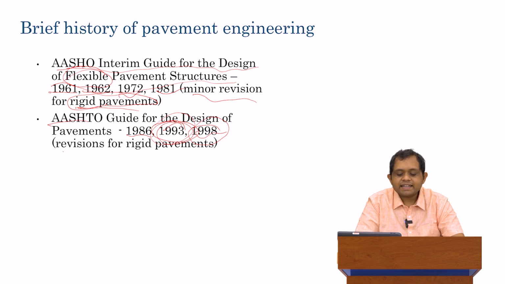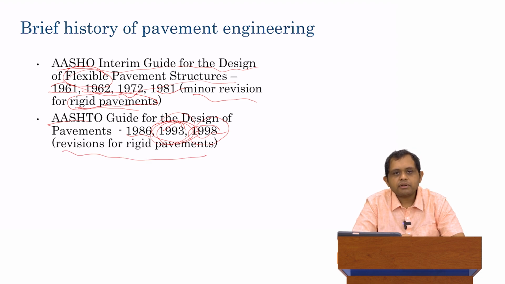By the way, that 1998 revision, again harking back to what happened in the original guide, was also largely for rigid pavements. Quite a lot of information, particularly on uncertainty and joint design, was added to rigid pavements. So by 1998, we were basically at the very best in terms of the design of rigid pavements.